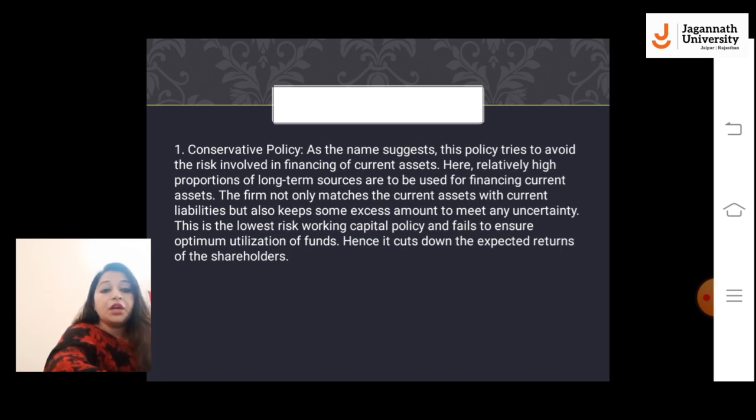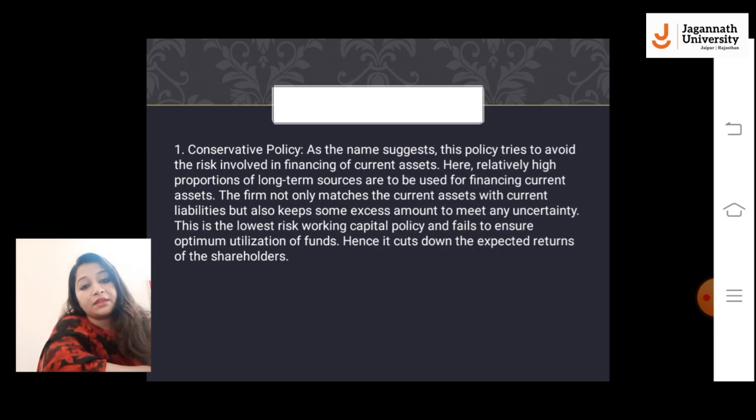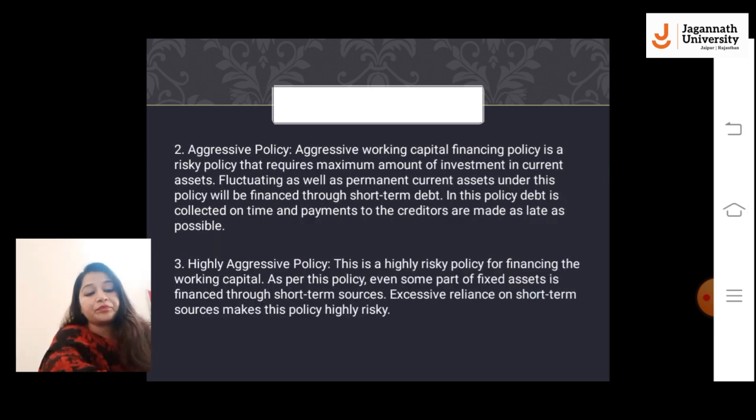The firm not only matches the current asset with current liability but also keeps some excess amount to meet any uncertainty. This is the lowest risk working capital policy and fails to assure optimum utilization of fund. Hence, it cuts down the expected return of the shareholder. This is the first policy, that is conservative policy.